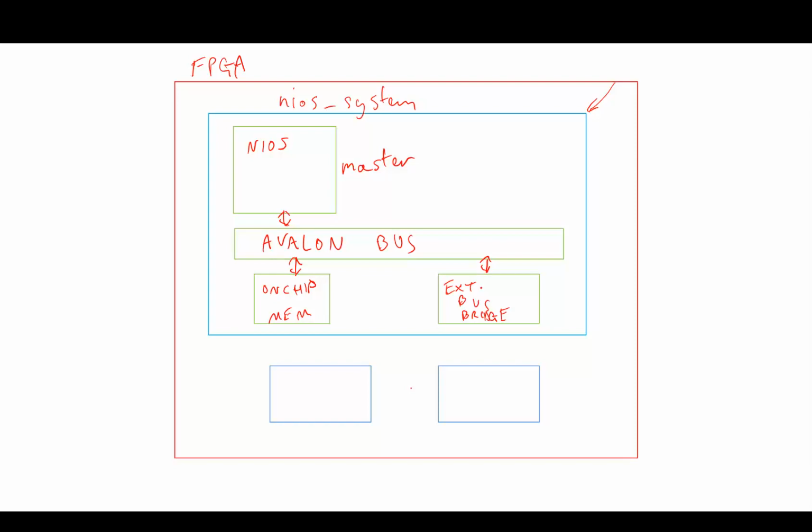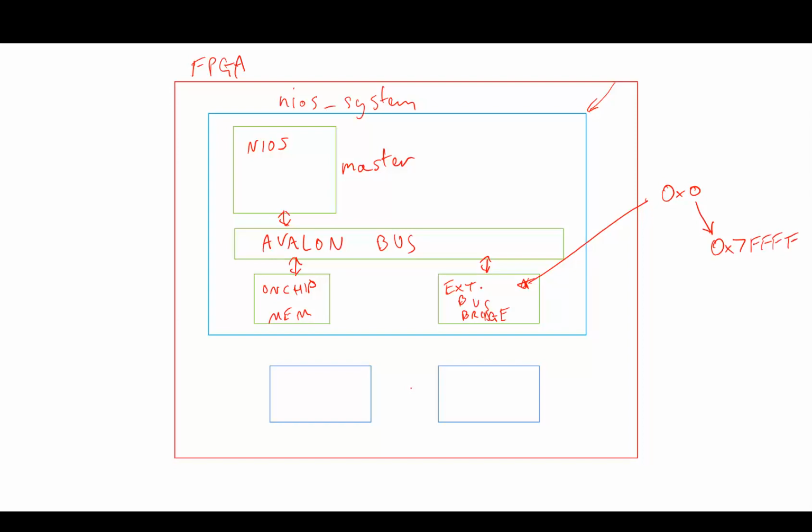Within that Neos system, there is an address assignment to each slave device, and the address assignment for the external bus bridge has been set from 0x0 all the way to 0x7ff.